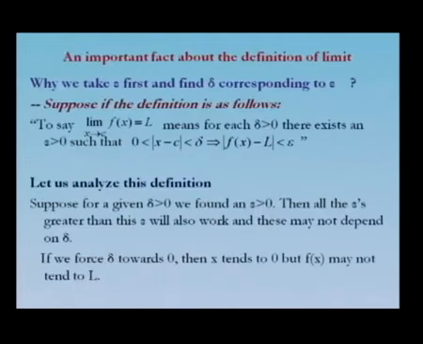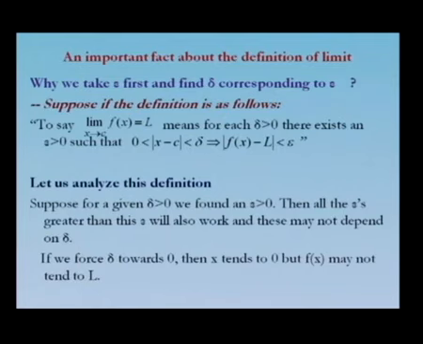Now there is an important fact about the definition. You might be wondering why we take epsilon first and find delta corresponding to epsilon. Why can't we do it vice versa?